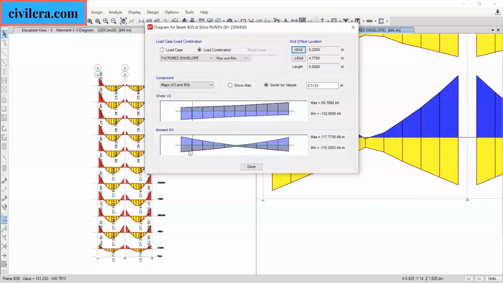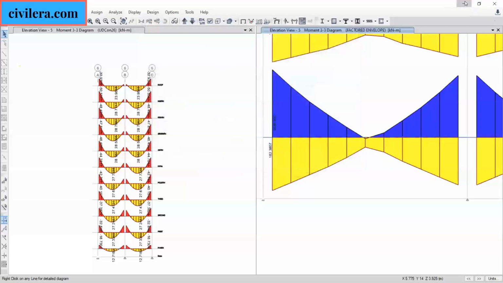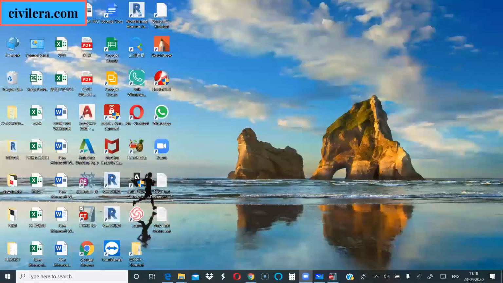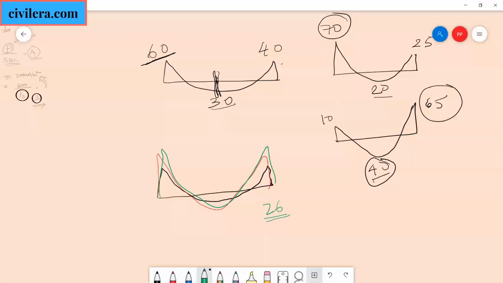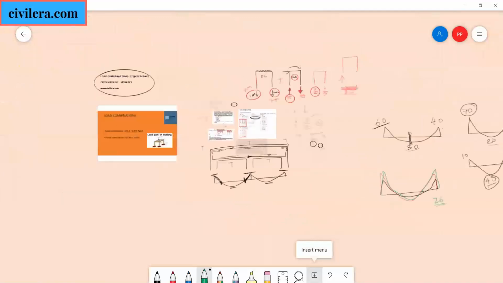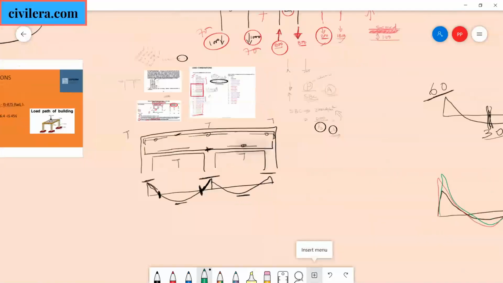But as you go to the left, you can see that your bottom reinforcement requirement is drastically increasing. This is due to stress reversal. If you don't appreciate this, and you design only for dead load and live load, your steel detail will be something like this.